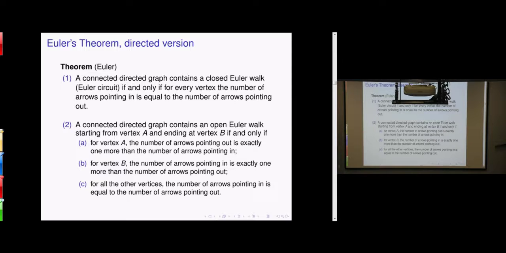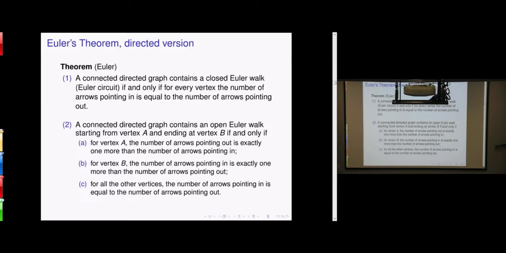depart from A, then you never come back. So you have an extra departure edge. So this is for A. For B, it's the opposite, because you finish the walk at B. So you enter B, you never come out. So you have one more edge coming into B. So for vertex B, the number of arrows pointing in is exactly one more than the number of arrows pointing out.